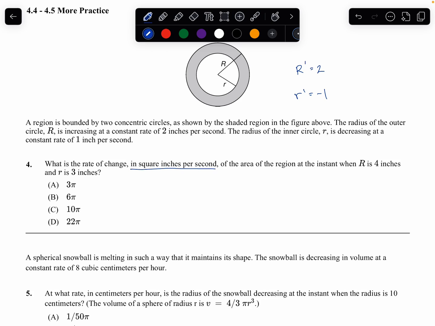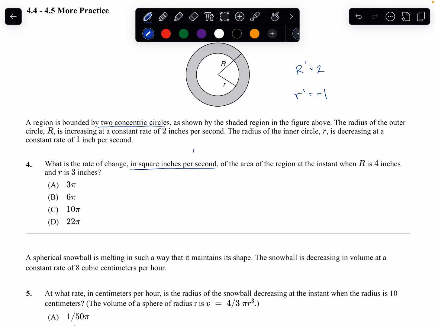So what region? The shaded region. So I think it's this region right here that we're trying to find the rate of change of. So we need to find an equation for that area. The region is bounded by 2 circles shown here.